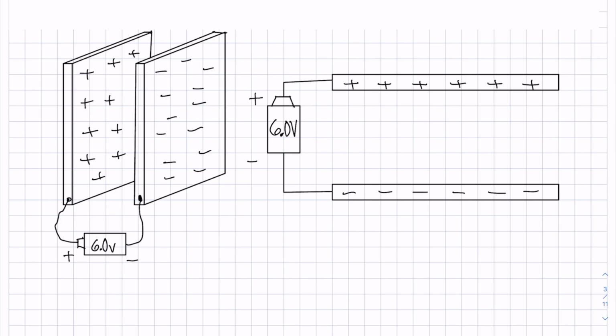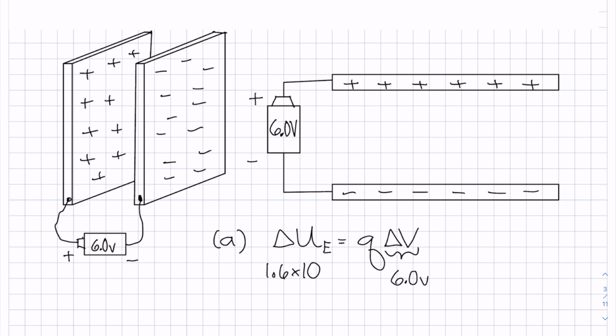Here, with this diagram, let's try and solve part A. The formula we know is that the change in potential energy is Q times delta V. In this case, delta V is going to be 6 volts. And we know our potential energy is 1.6 times 10 to the negative 5 joules.